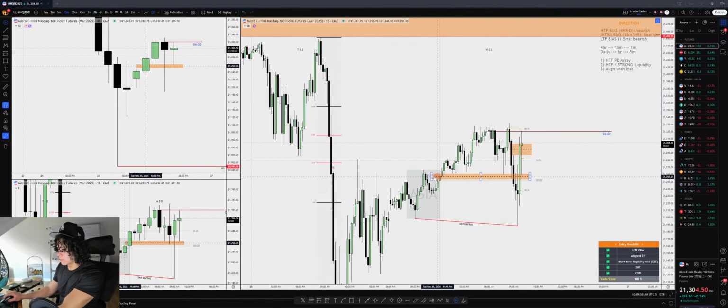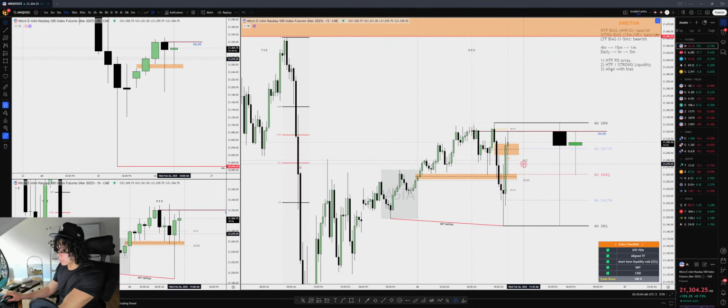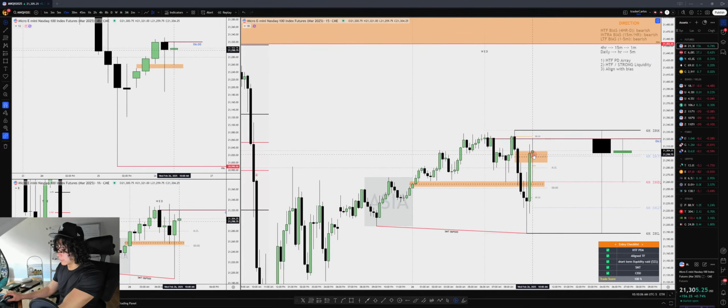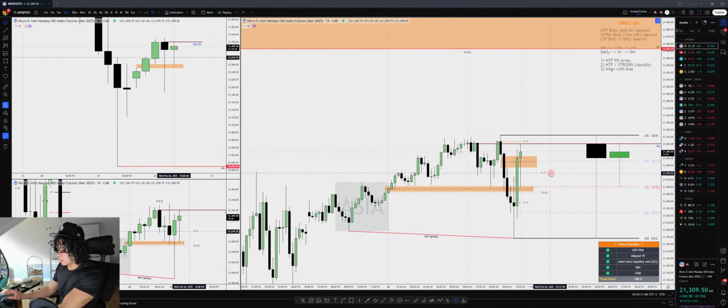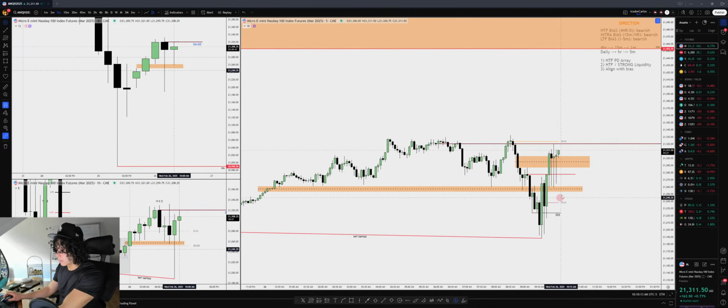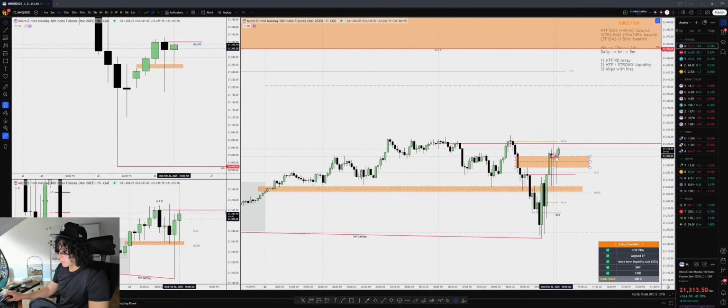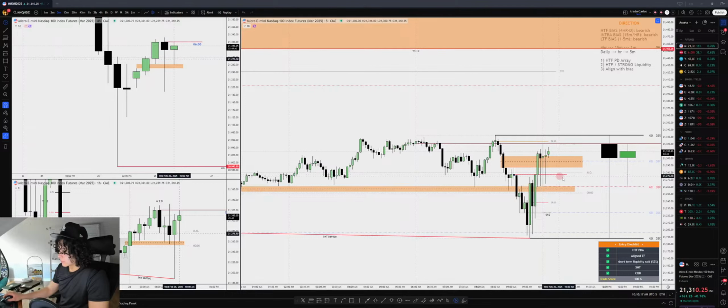15-minute time frame. We closed above this 15-minute imbalance. 5-minute time frame. Yeah, these three previous 5-minute candles are ugly.